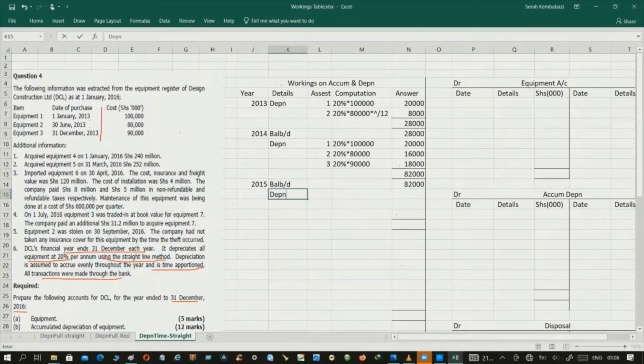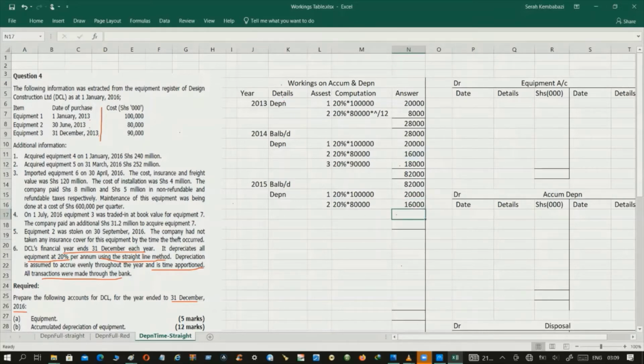And again, we'll have to compute depreciation for all assets that we've had in the financial year 2015. We still have asset 1 with us based on our additional information, so the amount won't change. We'll have 20,000 again. And equipment 2, we also still have in our possession, so the depreciation amount won't change.